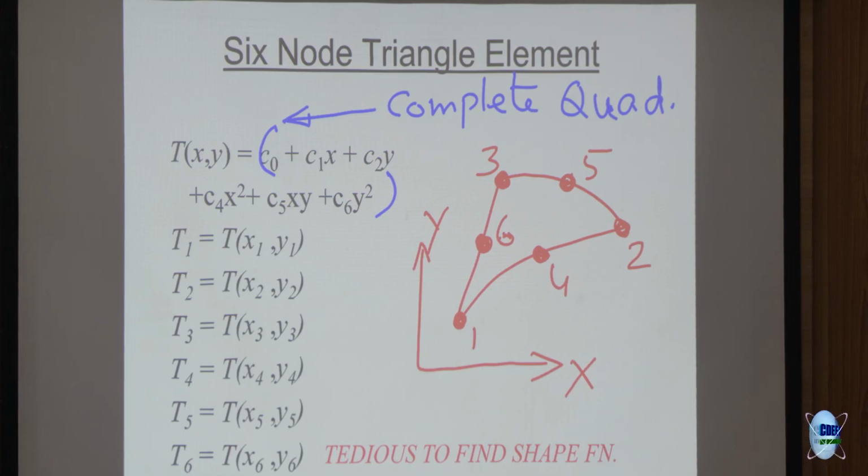So it would be a 6 by 6 matrix of coordinates inverse, and then rearrange the terms. Then find out T as sigma of Ni Ti, the shape functions multiplying the nodal values of the variable. That's not trivial at all, right?